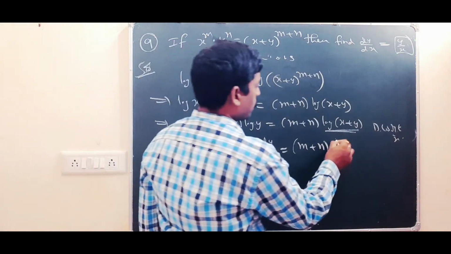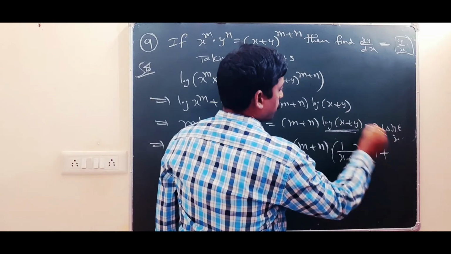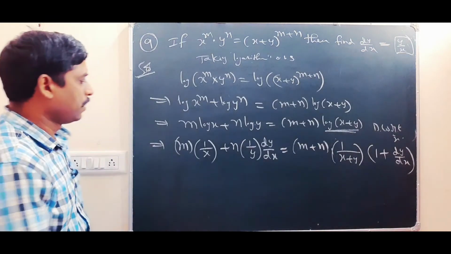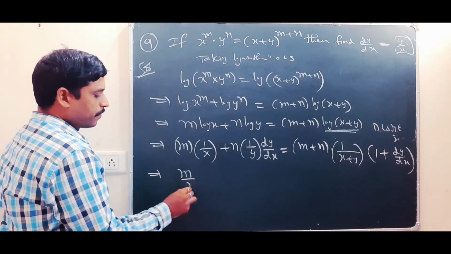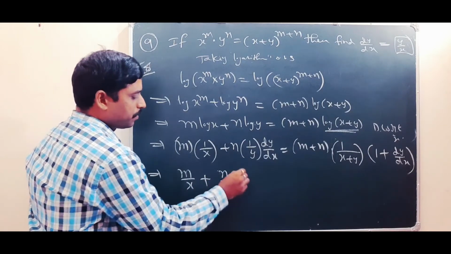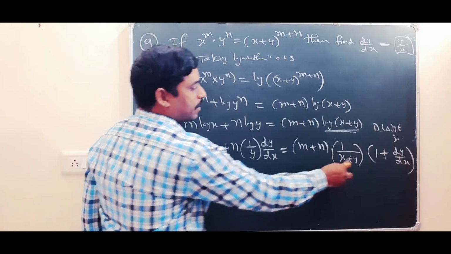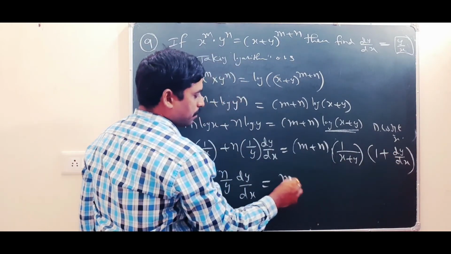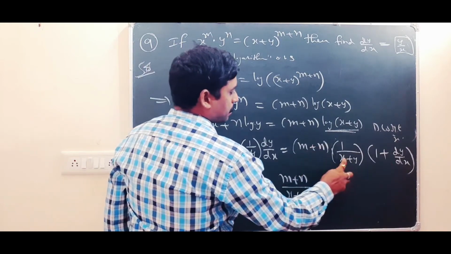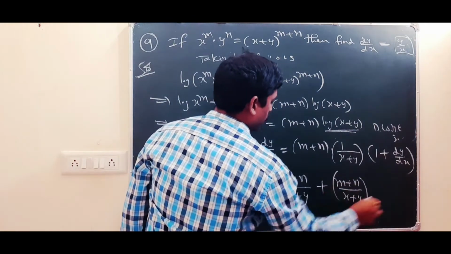The derivative of log x plus y will be 1 by x plus y into the differentiation of x, 1, plus the differentiation of y, dy by dx, by using the chain rule. So this will be m by x plus n by y into dy by dx equals m plus n by x plus y multiplied with 1 plus dy by dx. M plus n by x plus y plus m plus n by x plus y into dy by dx.